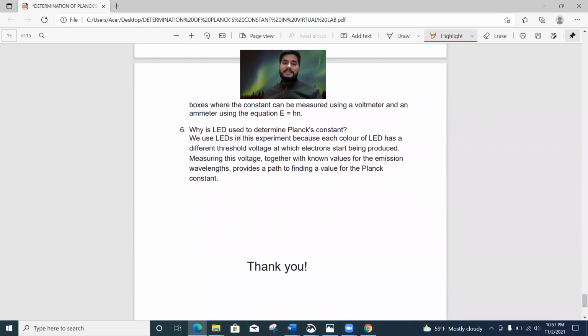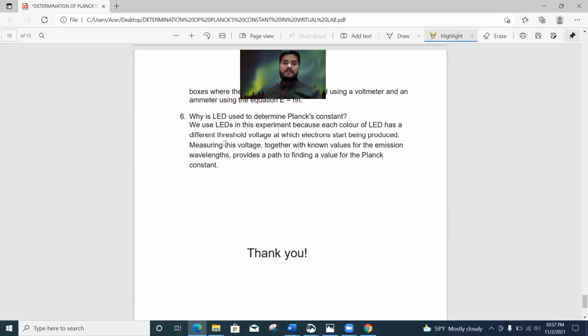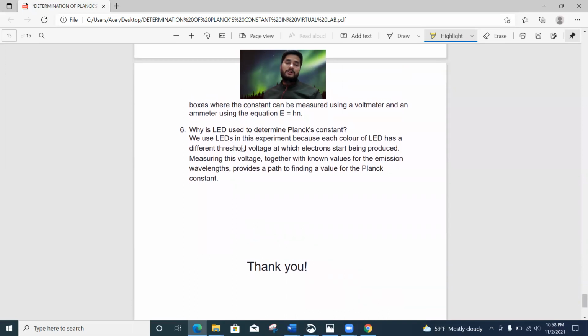Why is an LED used to determine Planck's constant? Because LEDs have different ranges of wavelength, which helps to calculate the value of h in an easy way. We use LEDs in the experiment because each color of LED has a different threshold voltage at which electrons start being produced.